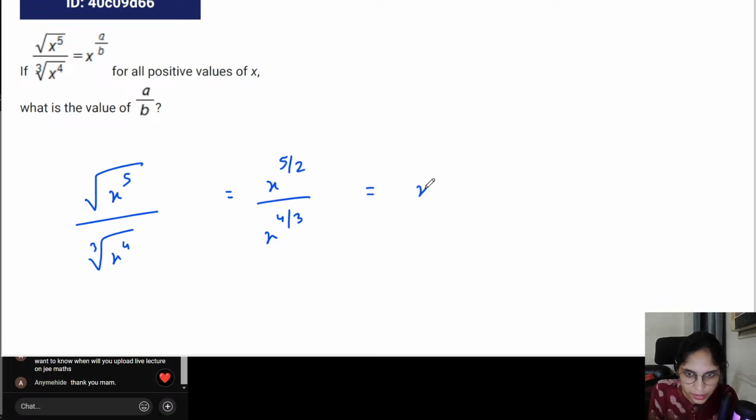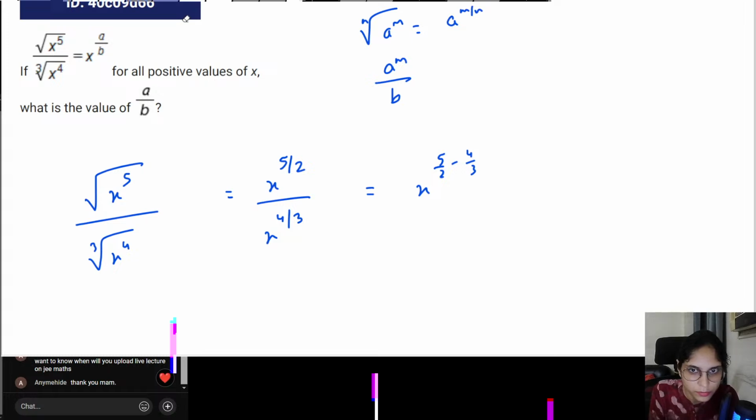And now because you're dividing, it will be x to the power 5 over 2 minus 4/3. We're just using these two rules. Base is same, you're dividing, so you subtract the exponent.